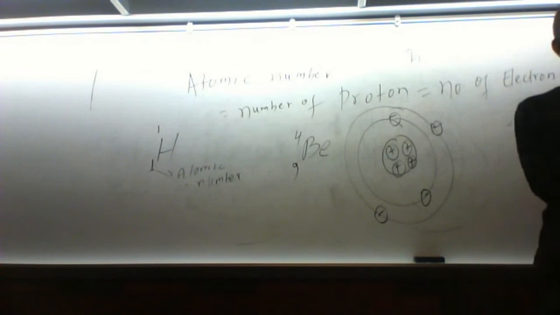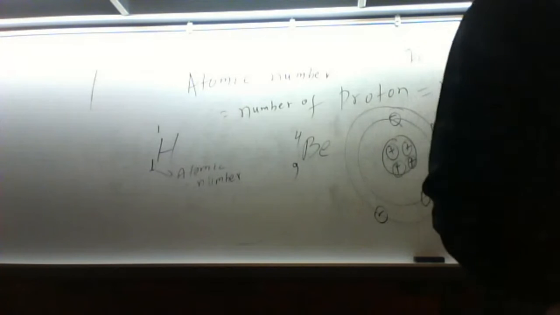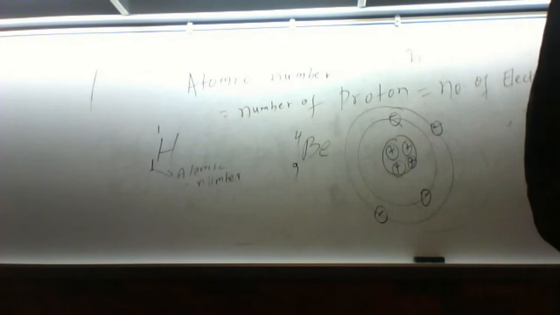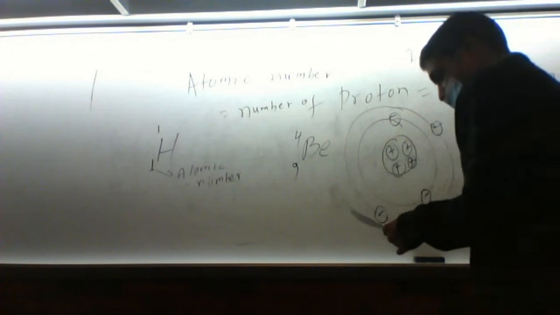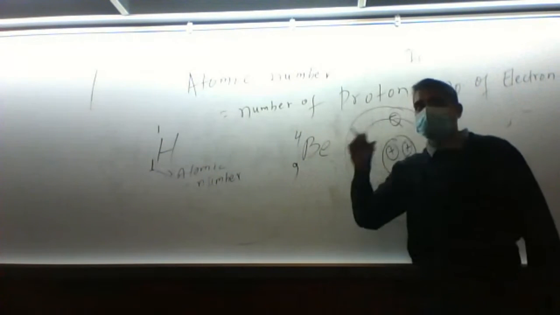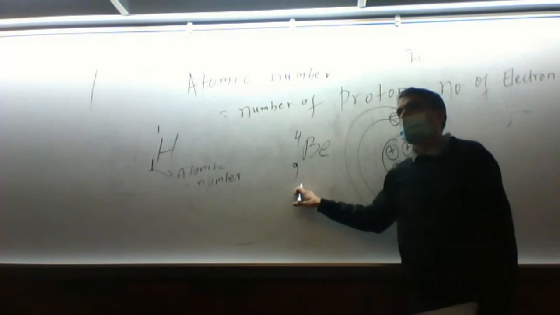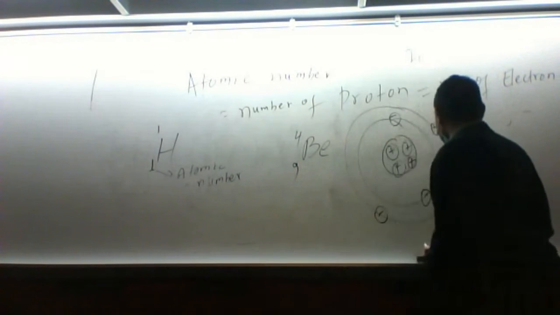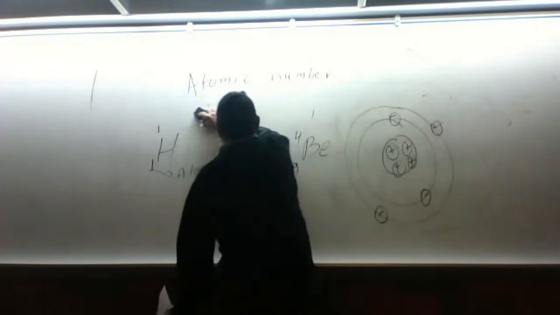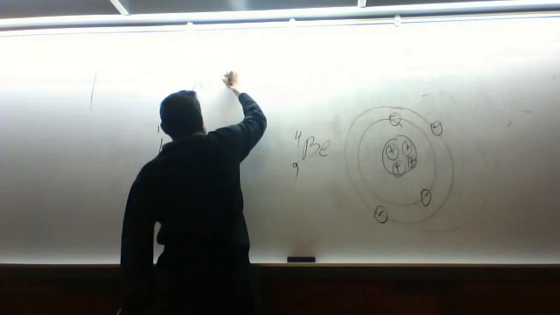So the number of electrons and number of protons are equal, and that is called the atomic number. Now that's the atomic number, and this other number is the atomic mass. This big number here is what they call the mass number, a kind of atomic mass. So how heavy is that? Now the mass number.